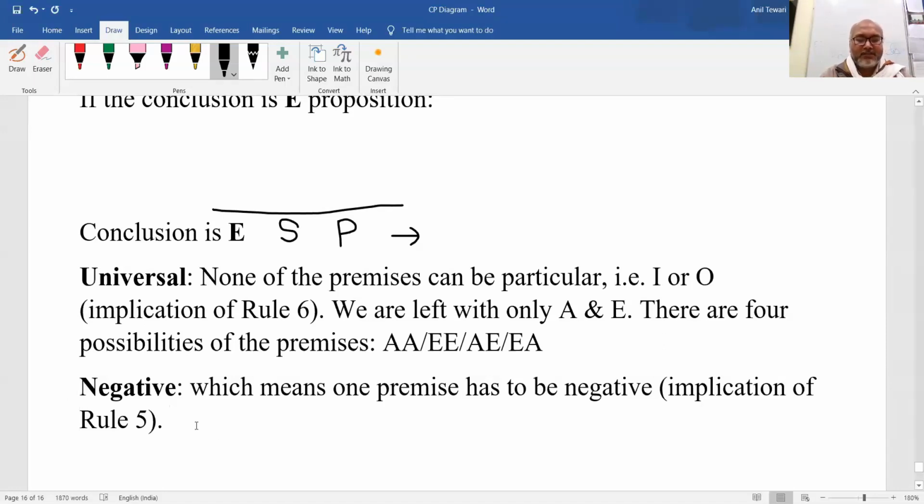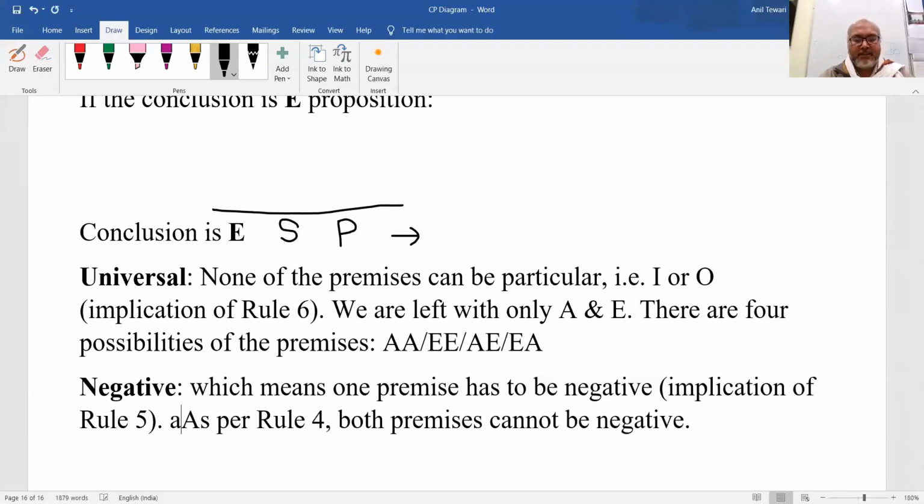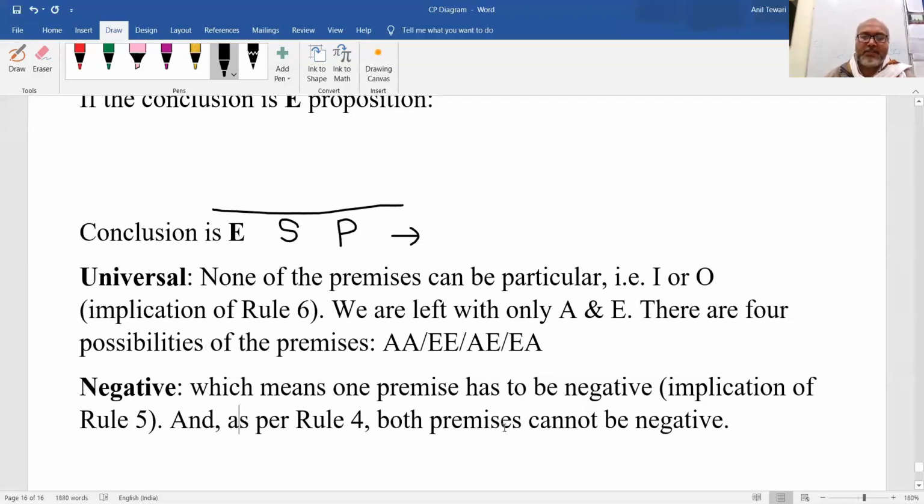You also know that as per rule 4, both premises cannot be negative. This is additional, right? As per rule 4, both premises cannot be negative. So what are the possibilities you have ruled out? You have ruled out this possibility because both are affirmative.